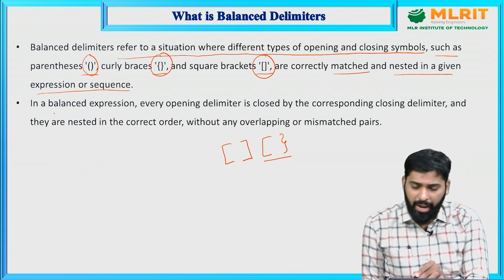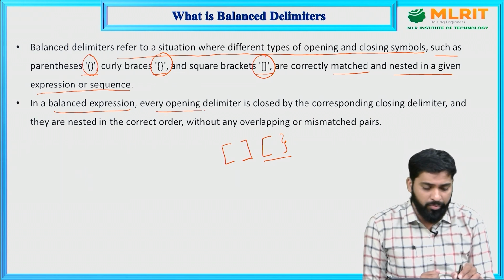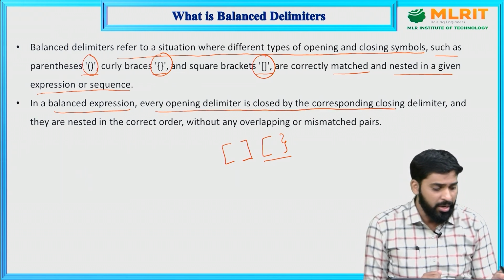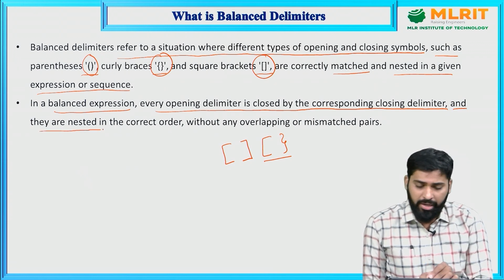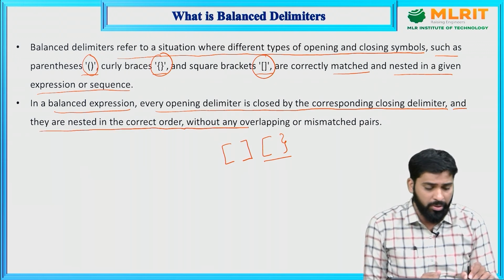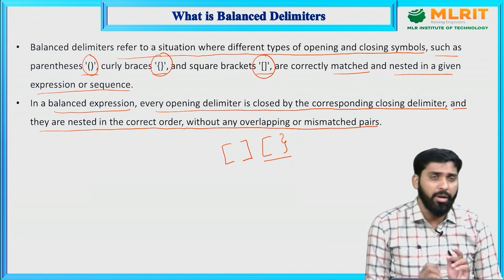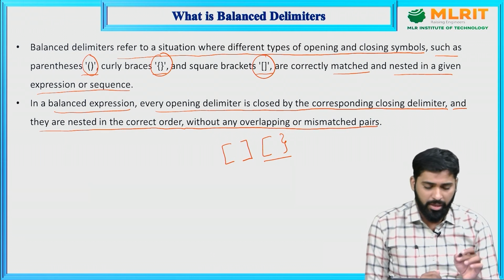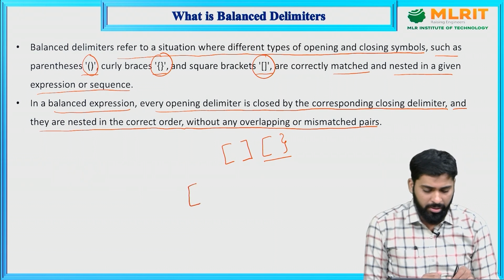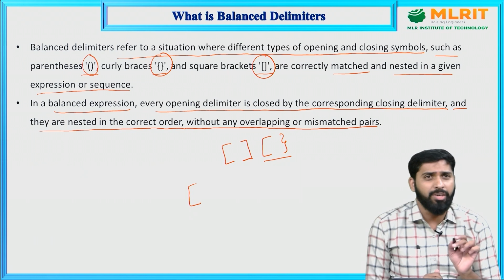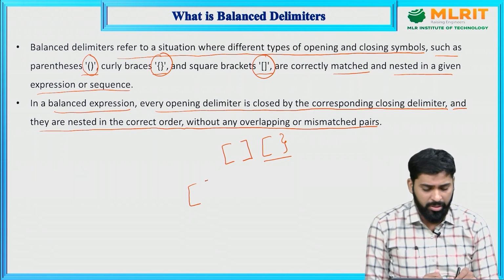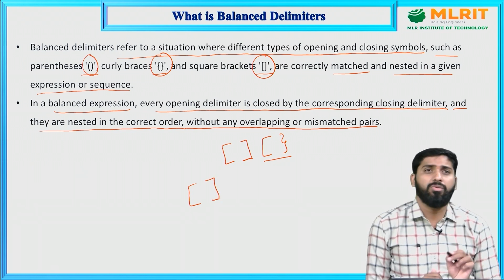In a balanced expression every opening delimiter is closed by the corresponding closing delimiter, and they are nested in the correct order without any overlapping or mismatched pair. So if we open with a square bracket, it must be closed with a closing square bracket.